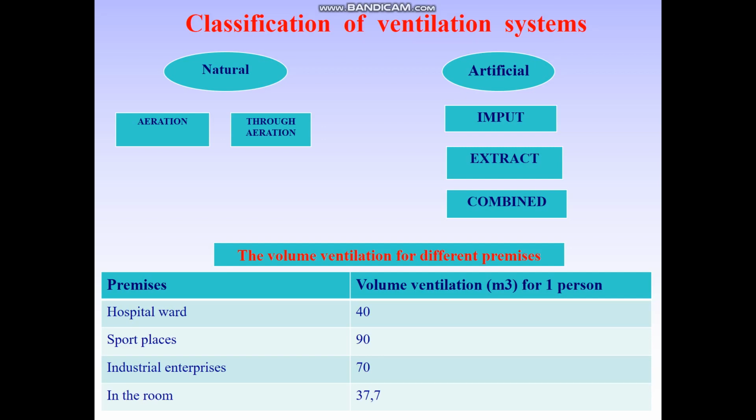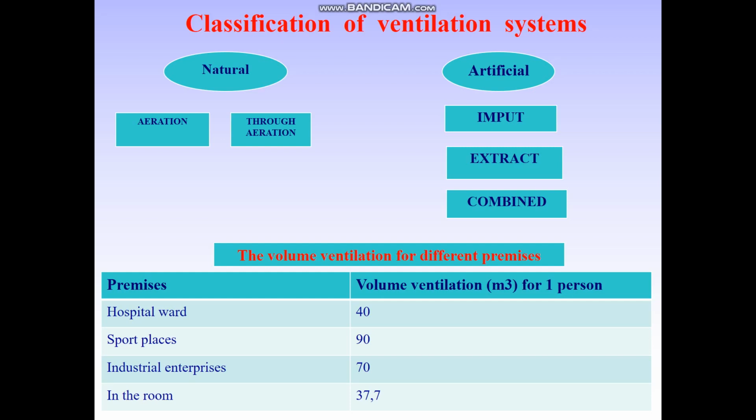Purity of the air in premises is the result of providing everyone with the needed volume of air, the so-called air cube, and regular replacement of internal air with external. The quantity of ventilated air needed for one person per hour is named the volume of ventilation. The norm of the air cube in premises is 25-27 cubic meters.